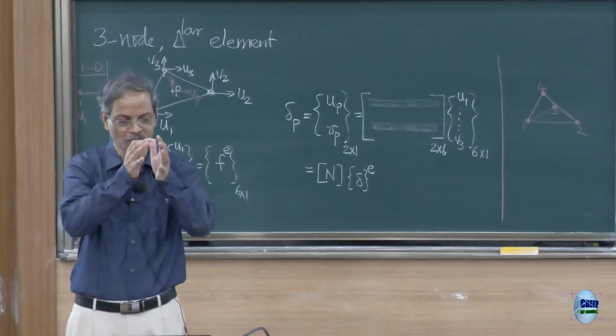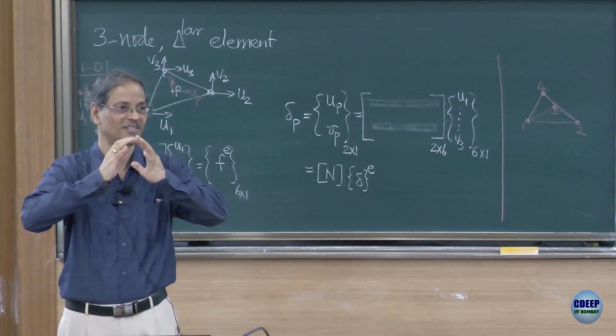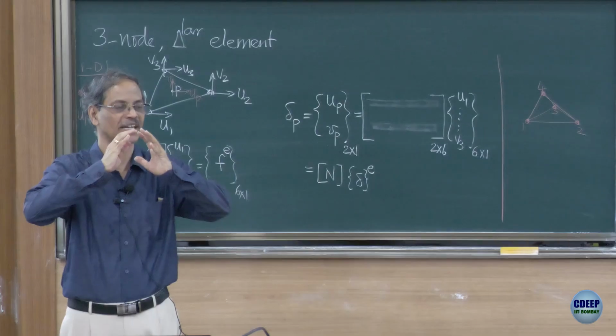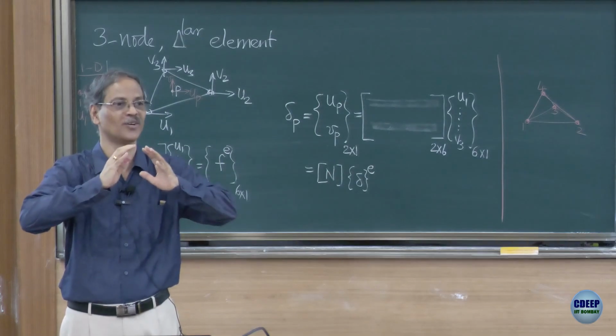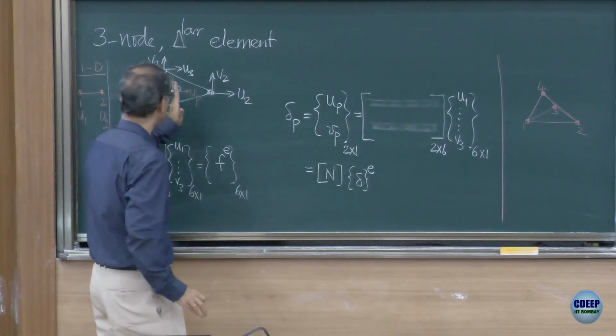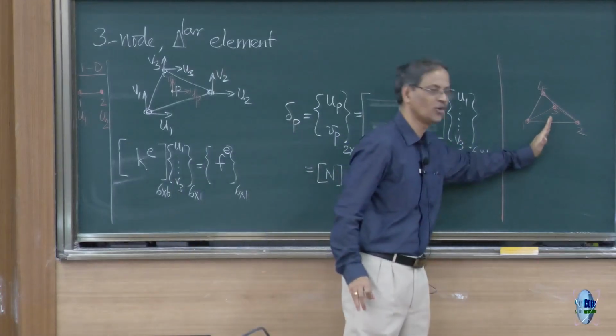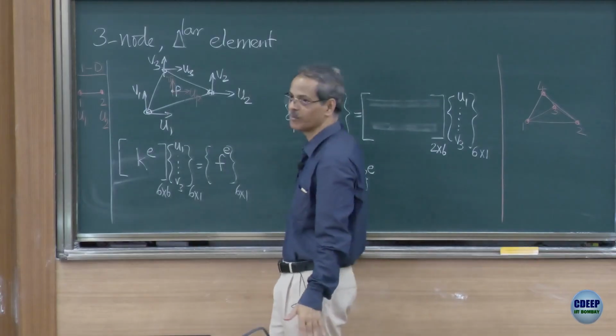So, throughout that volume of that tetrahedron, dT by dx kind of terms, heat fluxes will be constant, strains will be constant, stresses will be constant, etc. So, it is the same element, shape functions are linear, therefore, the behavior will be similar. It is 1 dimension, 2-dimensional, 3-dimensional.